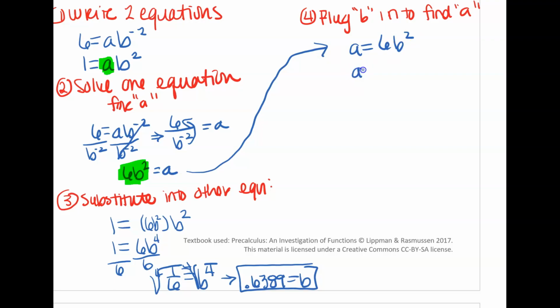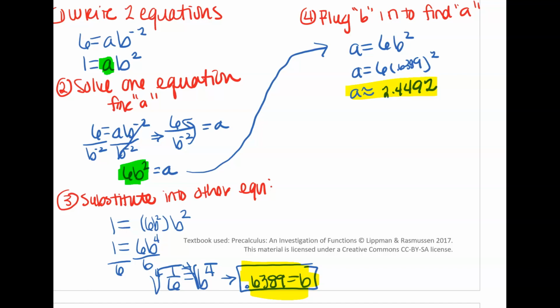So I'm going to say A is equal to 6 times my value squared. And now I have that value, 0.6389, retained in my calculator. So I'm going to square it, multiply it by 6, follow order of operations. And so it gives me A to be approximately 2.4492.